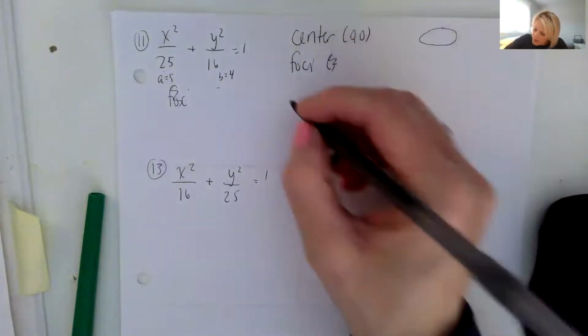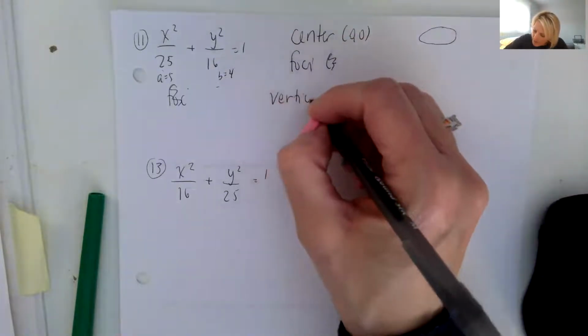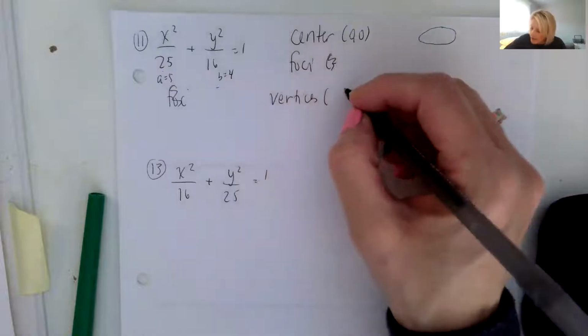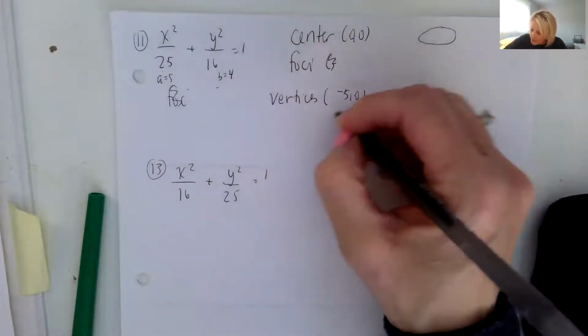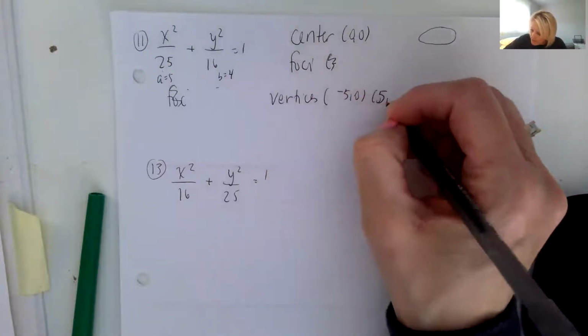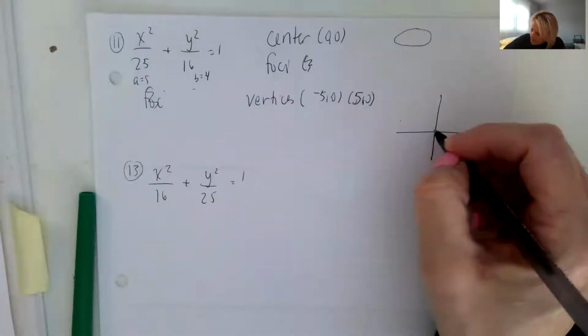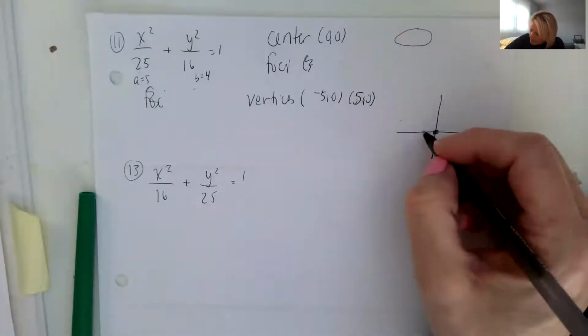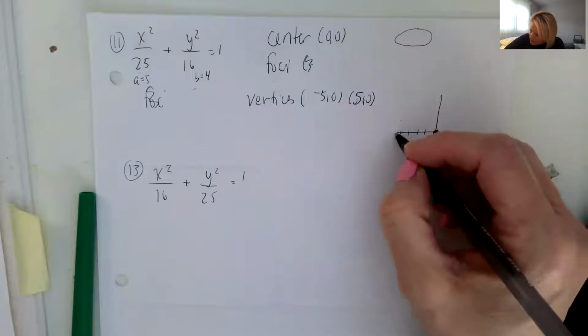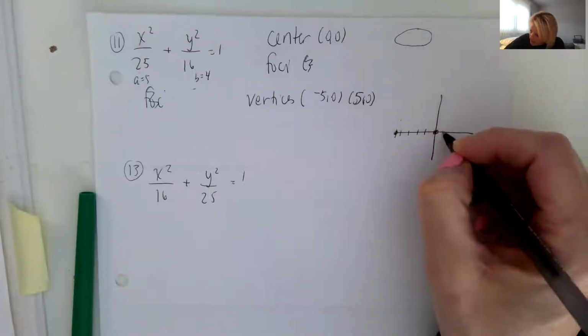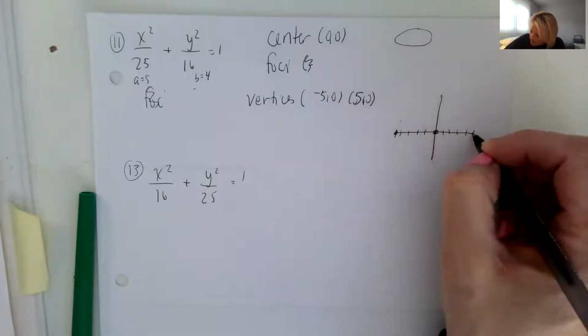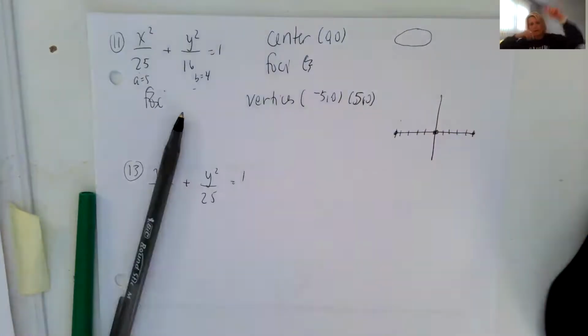We'll do the foci in a minute. So the vertices, that's what I meant to say, are at -5, 0 and 5, 0. So our center is at 0, 0, and then 1, 2, 3, 4, 5, and 1, 2, 3, 4, 5 this way. Okay.